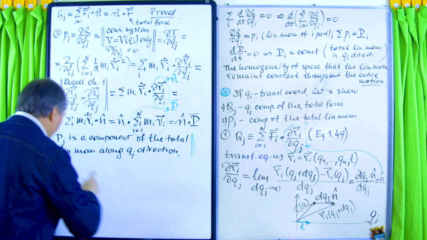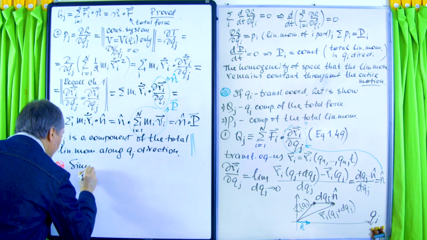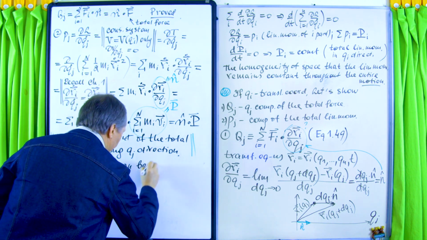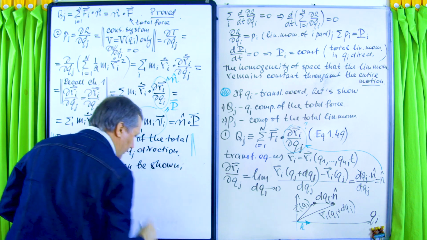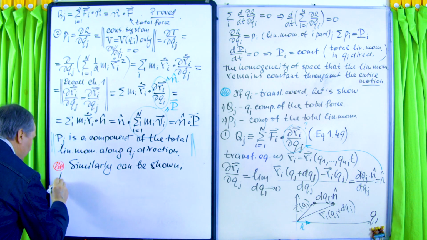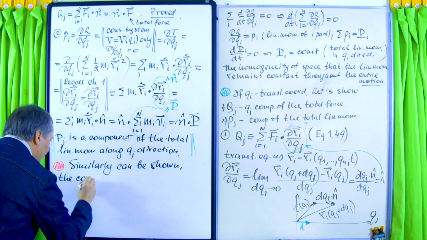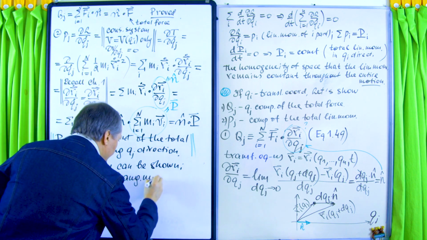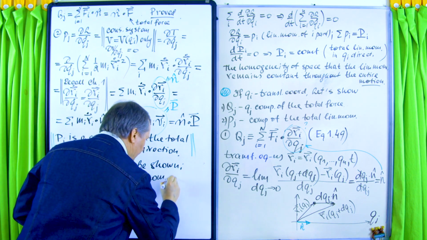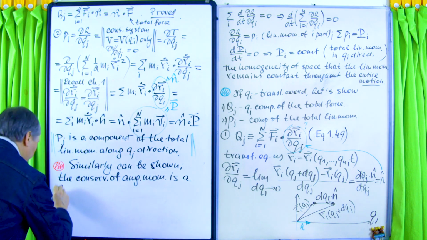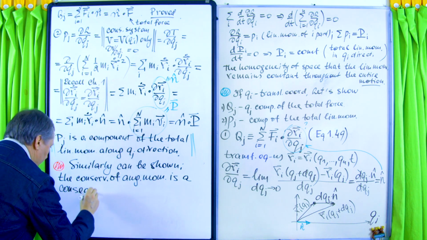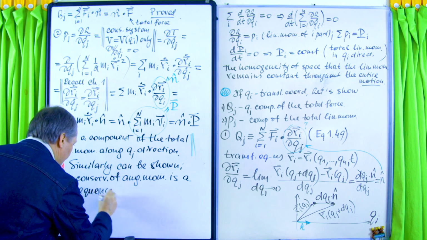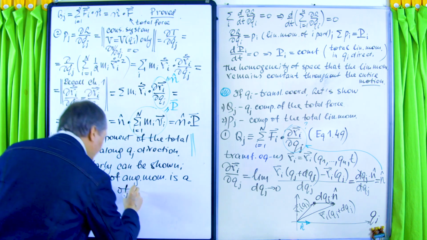So similarly it can be shown that conservation of angular momentum is a consequence of isotropy of space.